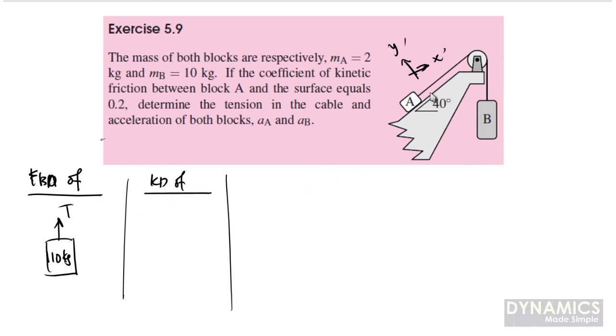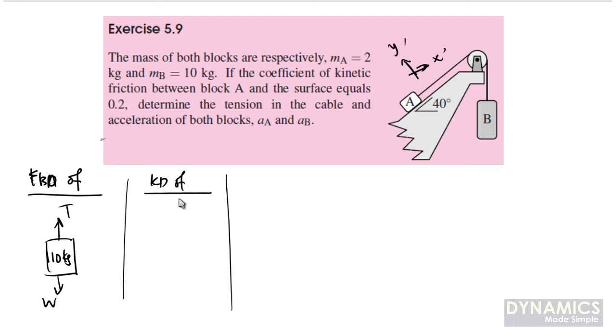Bear in mind, we have only one cable here running through this pulley here, so the tension of the cable will be the same anywhere on this pulley. So if we have T for A, the same T will be applied at B. Then we have the weight as a force pointing downward. That's it. B is not in contact with anything, so there will be no friction.